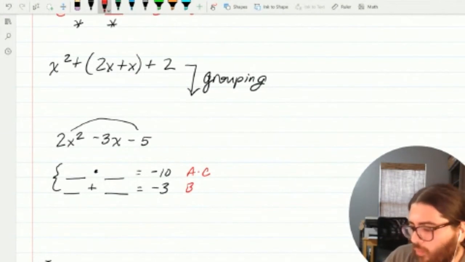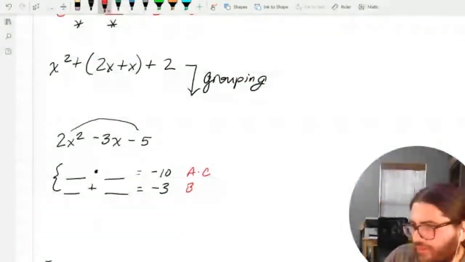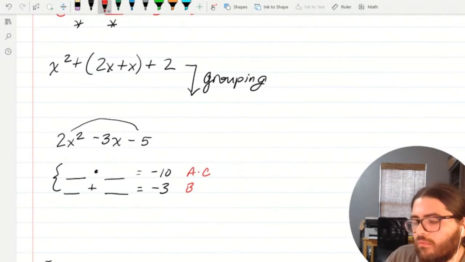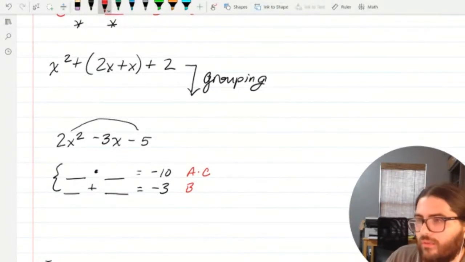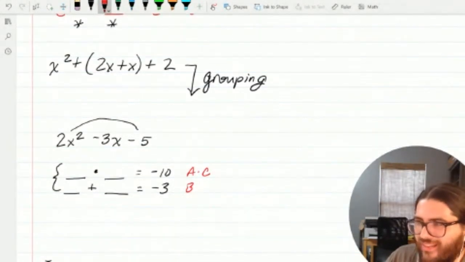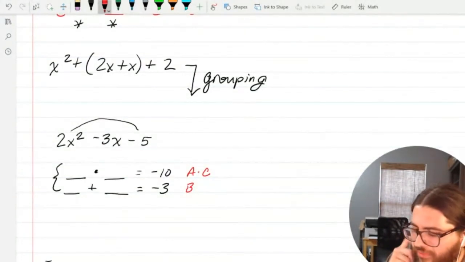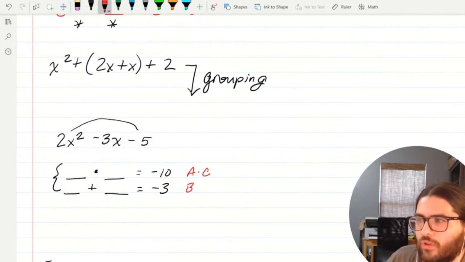Let's see, the factors of 10 are 1 and 10. I've got negative 10, that could be negative 1 times 10, or negative 10 times 1. Neither one of those seem to work because when they add together, I don't get negative 3. So it's not 1 and 10. How about 2 and 5? That feels like it should.